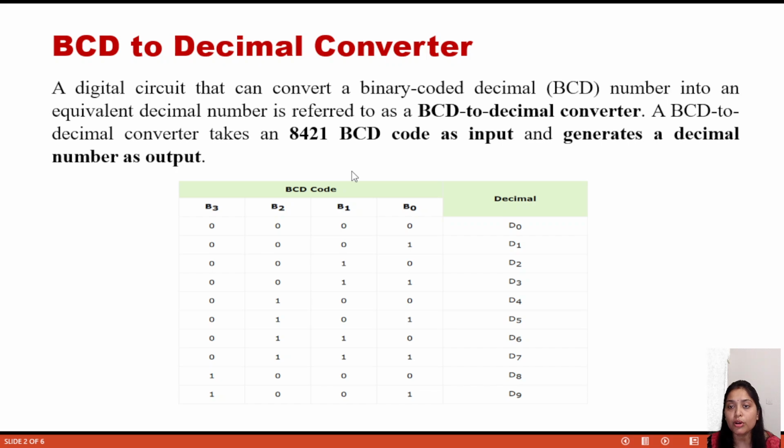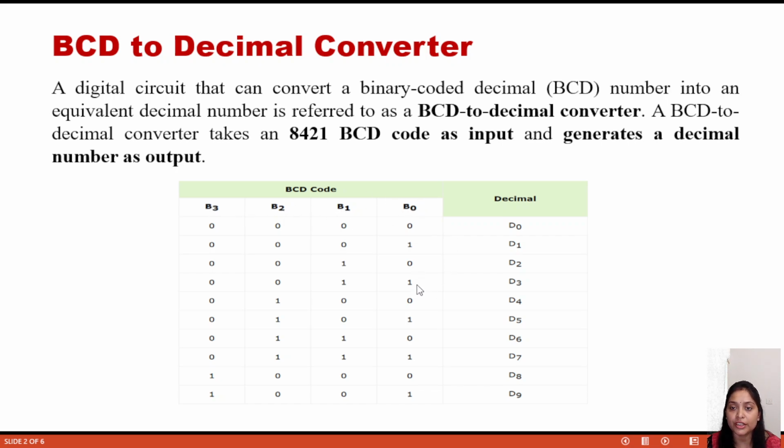If you don't know, then go to my previous videos where I have already mentioned how to represent any decimal number in the form of a 4-bit binary number. So D0 is 0000, D1 is 0001, D2 is 0010, because this is the 8421 combination.